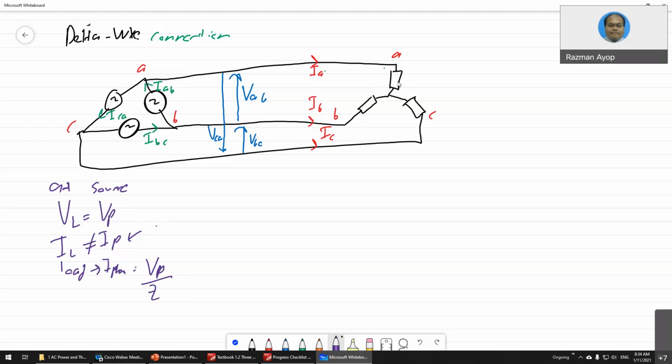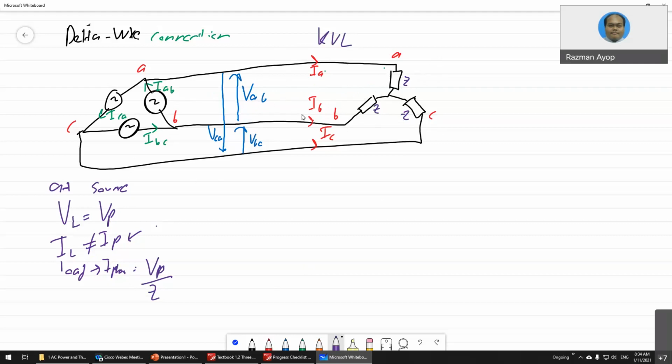Now how about this? If you obtain something like this, I suggest you label Z and Z, and use Kirchhoff's voltage law.